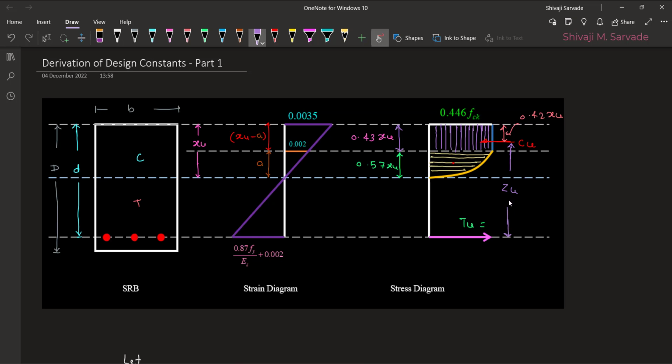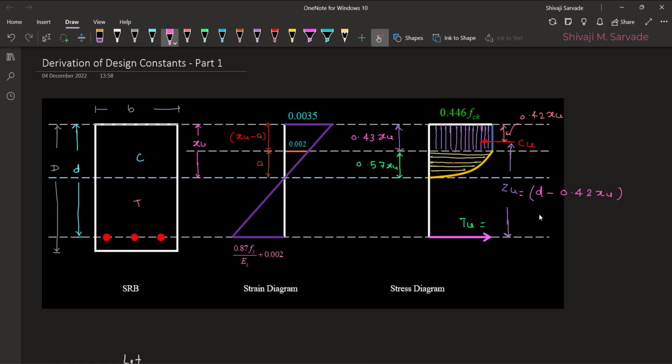If I can find this out, I'll be able to get my moment of resistance. In the sketch it is evident that this distance is small d, and out of this we subtract 0.42 XU. So ZU is d minus 0.42 XU.